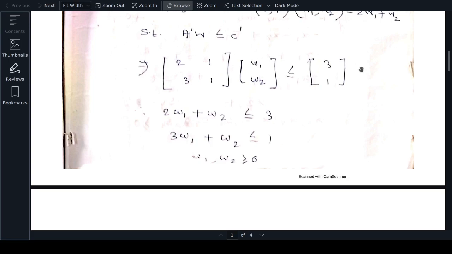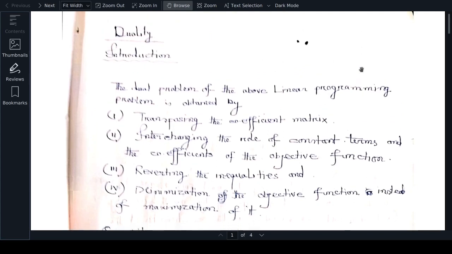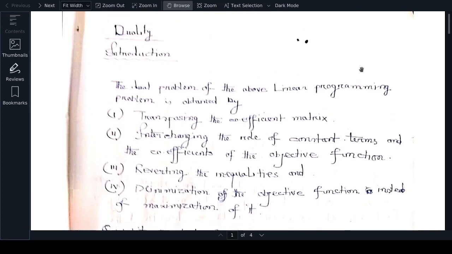So you see the theory on the first page: the dual problem of the above linear programming problem is obtained by, first point, transposing the coefficient matrix. Okay, so in the given problem, all the coefficients we write in matrix format of the constraints.